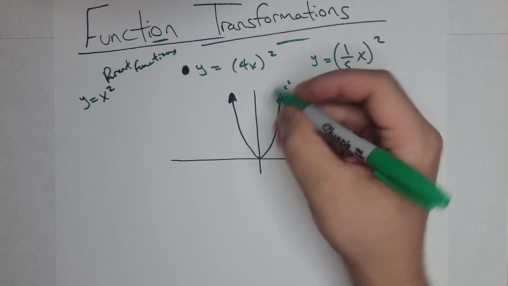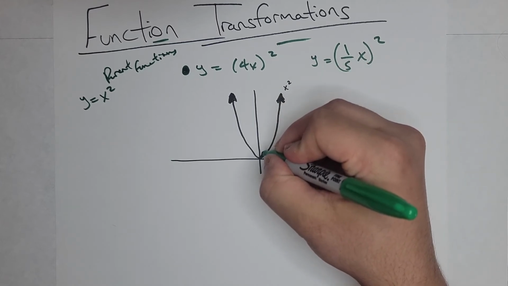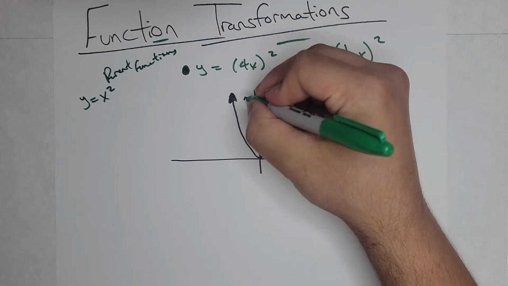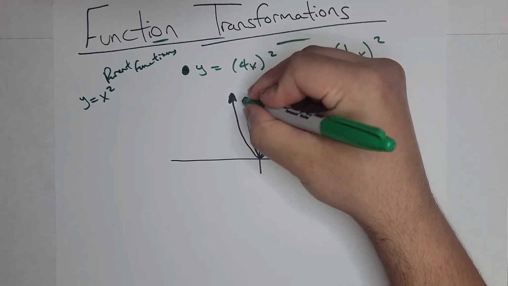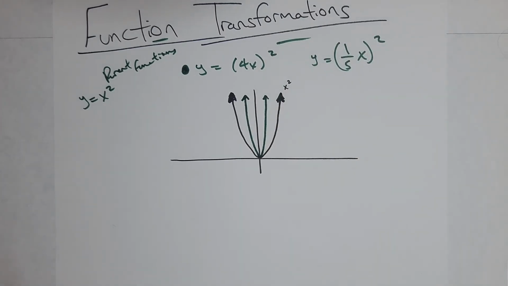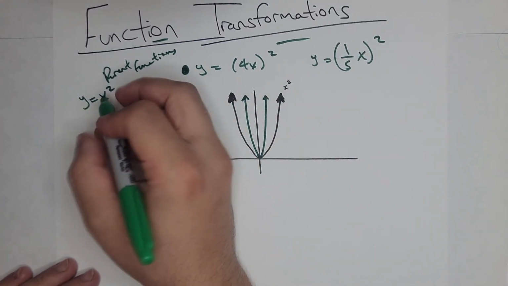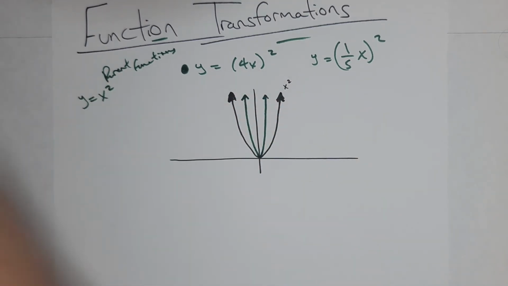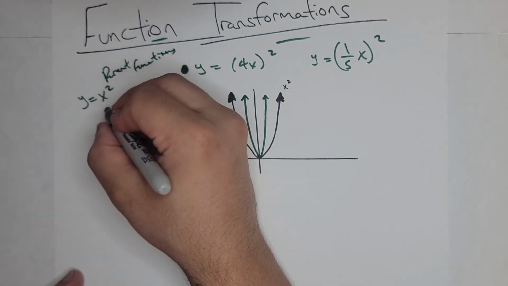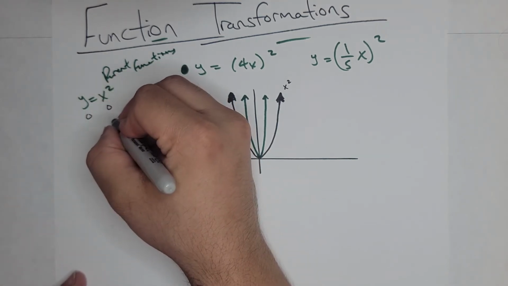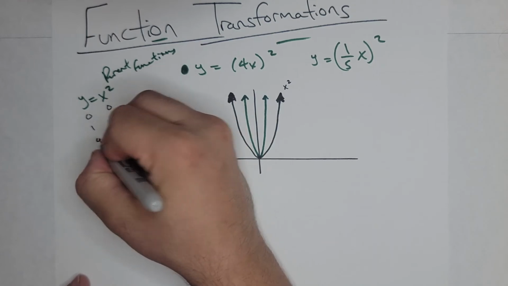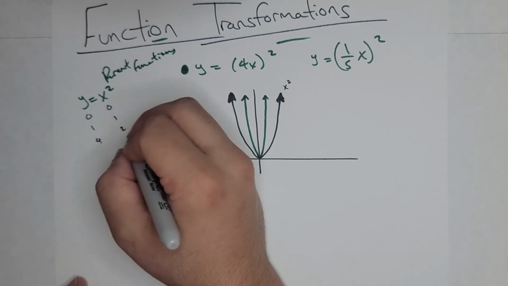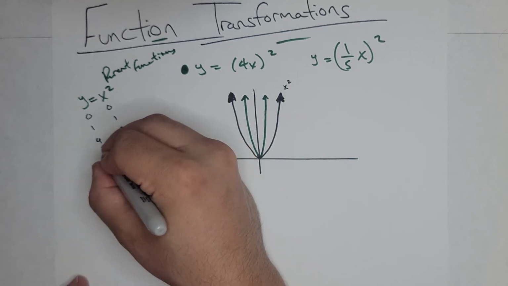Now our 4x squared is going to be slimmer. And that is because if you were to write out these x and y values, when x is 0, y is 0, when x is 1, y is 1, when x is 2, y is 4, when x is 3, y is 9.